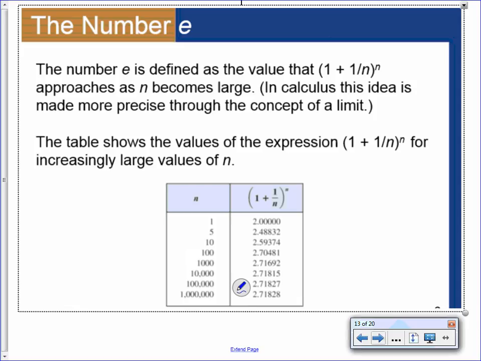But if you notice, we've got a table of values here, for some values of n where n is getting really big, because here n is 1,000,000. So as n gets really big, this value is getting closer and closer to approximately 2.718. And that is actually the value of e.